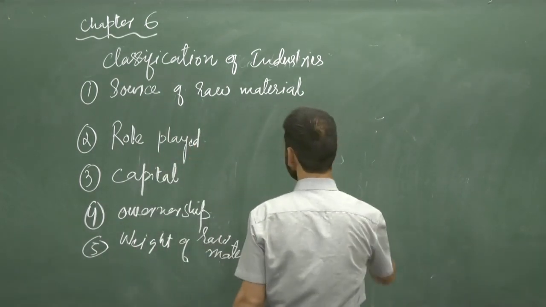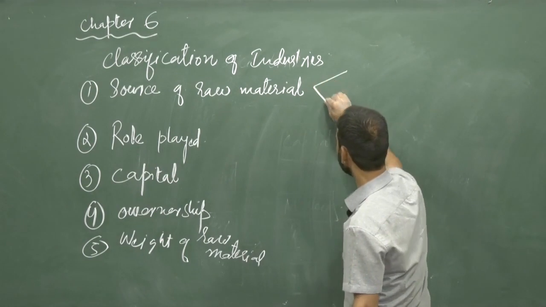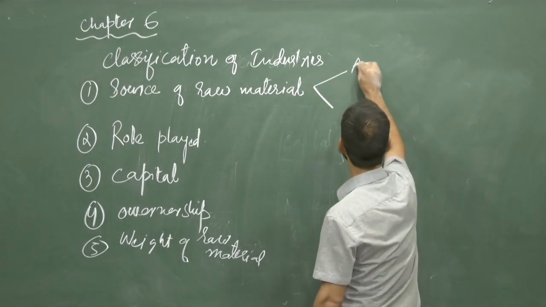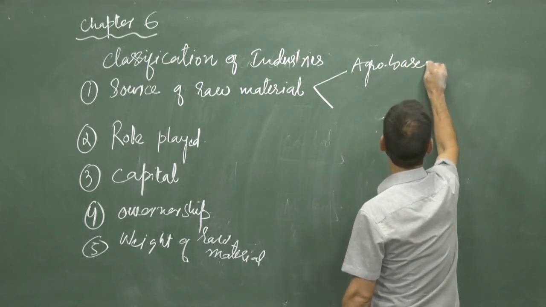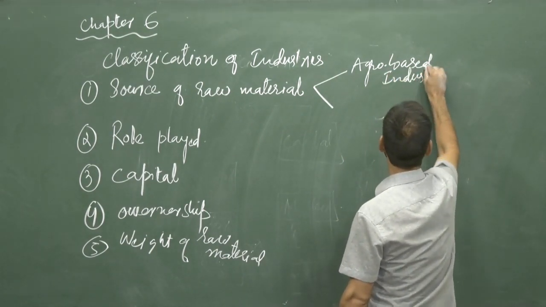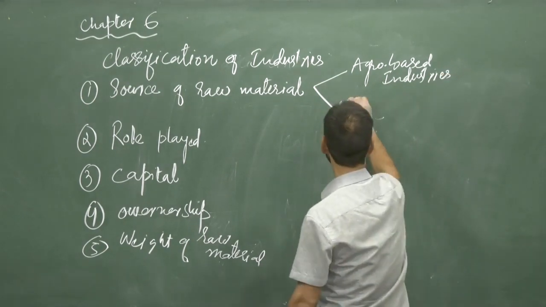First of all, on the basis of source of raw material, industries have been classified into two: agro-based industries and mineral-based industries.